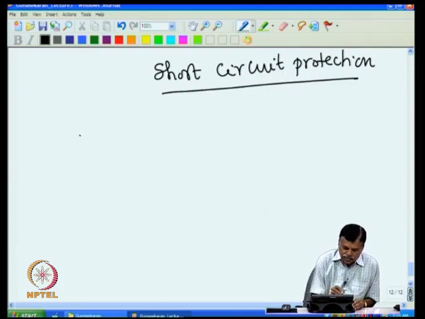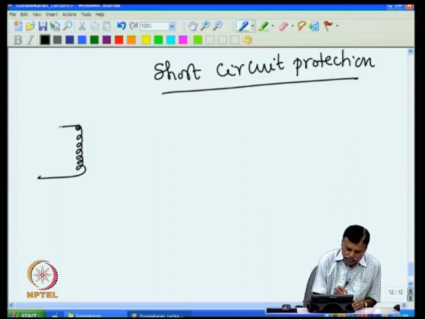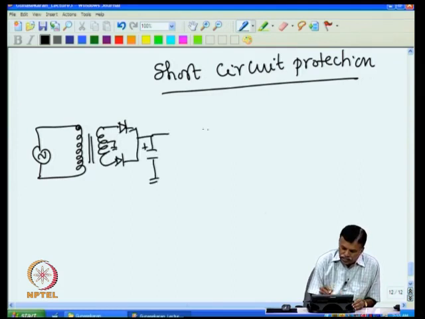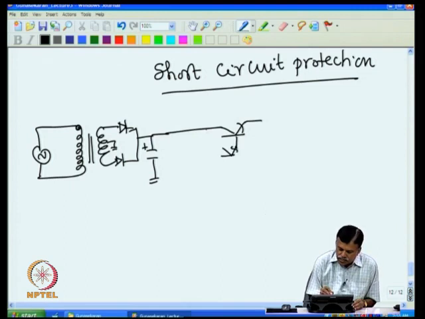Now let us see our circuit that we have discussed so far, the regulator circuit. We have the input AC, and through this step down transformer it is rectified into DC. Then the unregulated DC is obtained here, and that is regulated through the use of a transistor, the series pass transistor, as it is called.